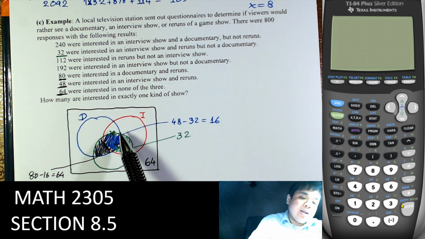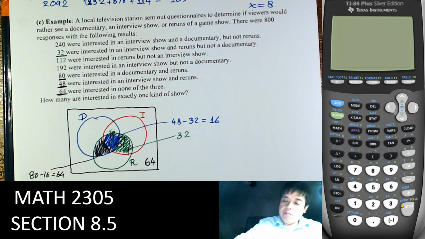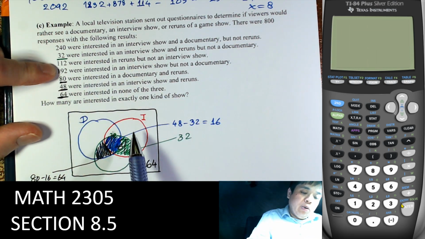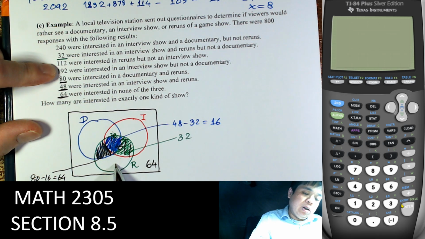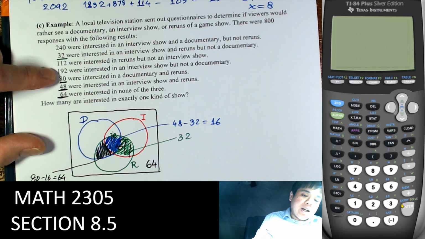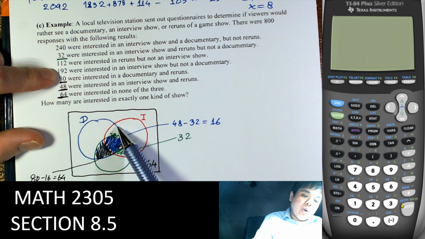We need to have this. 112 interested in rerun, but not in the interview show. Rerun, but not in the interview show. So that included this. 192 in the interview show, but not documentary.